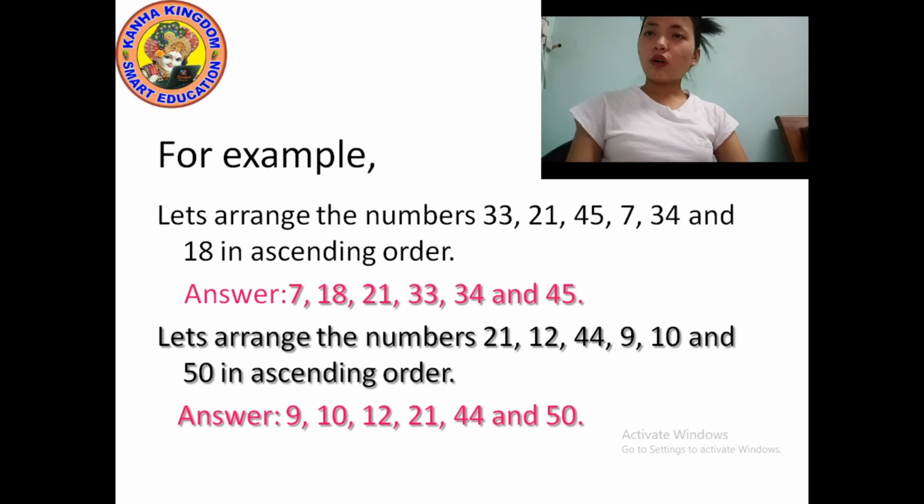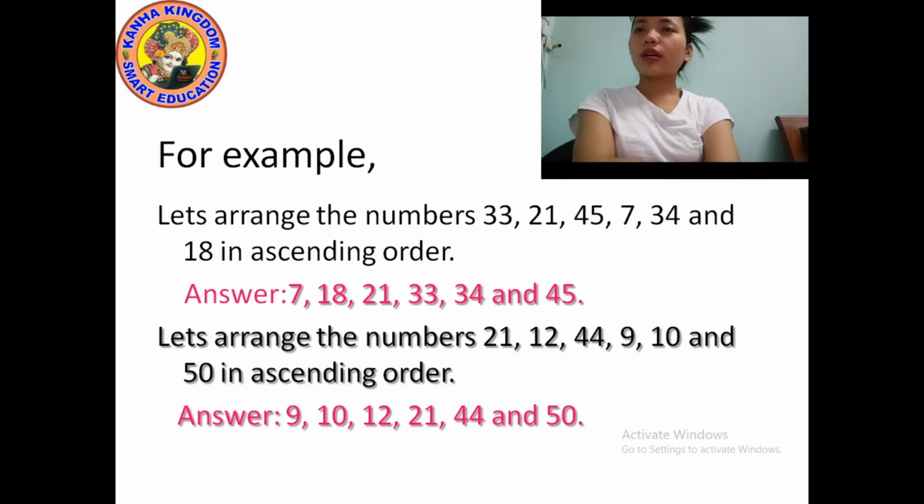See, from all these numbers, which number is small? Ascending order means smallest to biggest, so you have to arrange the numbers from smallest to biggest. Look at the numbers and compare them. Which number is smallest from all of them? Obviously 9, right? 9 is the only single digit, that means 9 is the smallest number, so write 9 first.